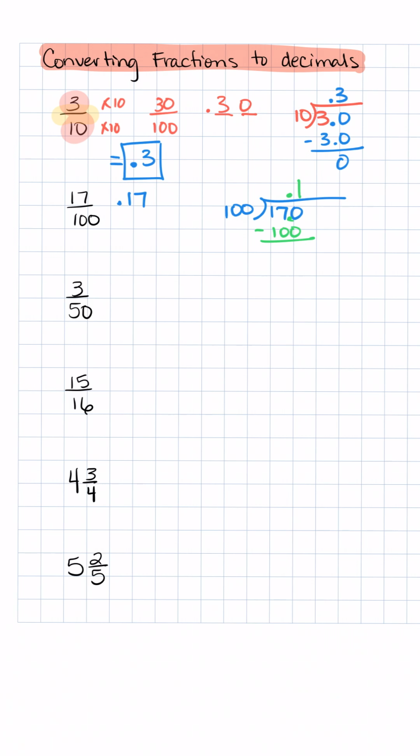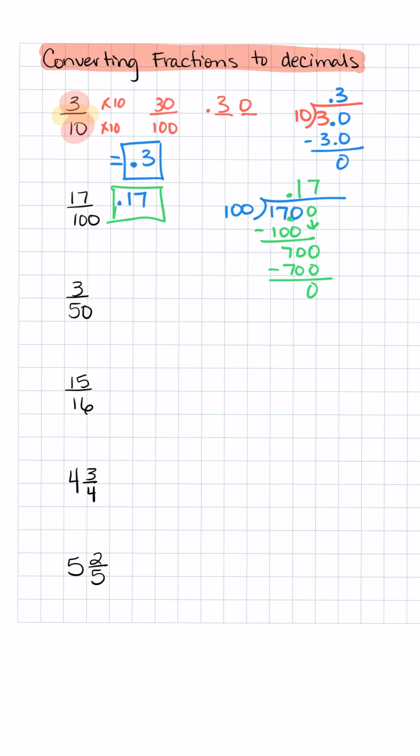And when we subtract that, we get 70. We need to bring down another 0. 100 goes into 700, 7 times. 7 times 100 is 700. So therefore our answer was correct. 0.17 is the decimal.